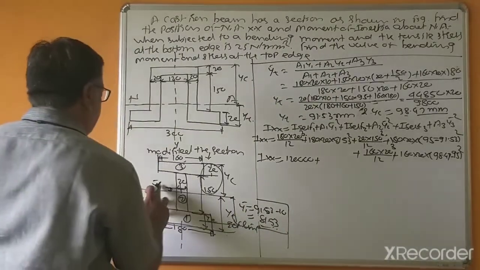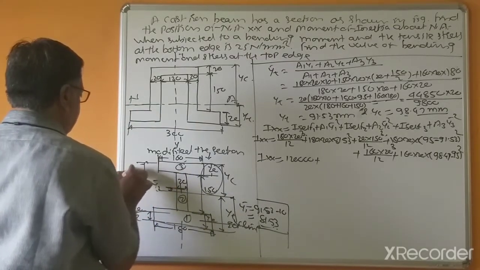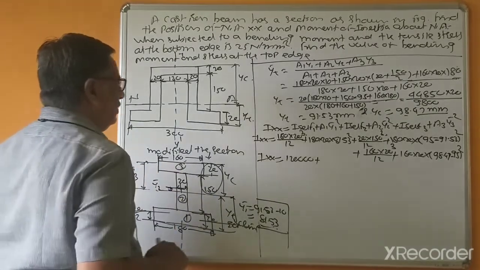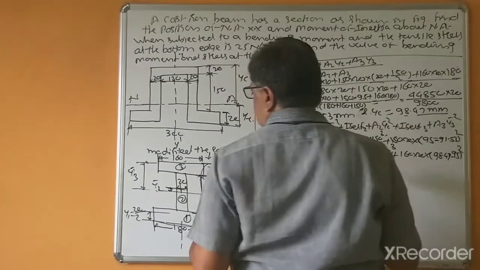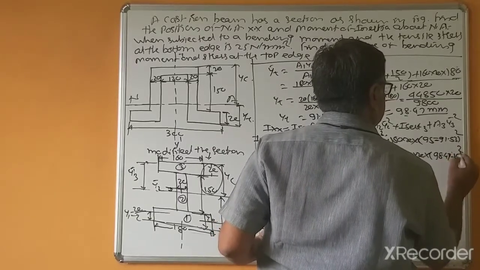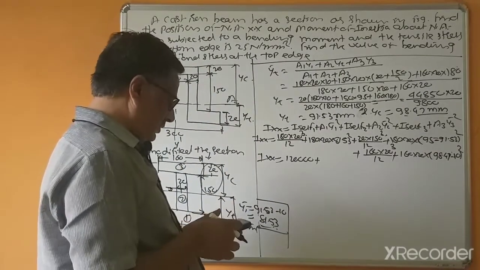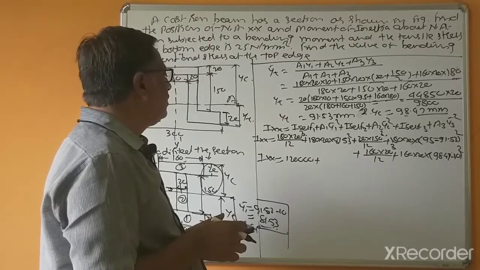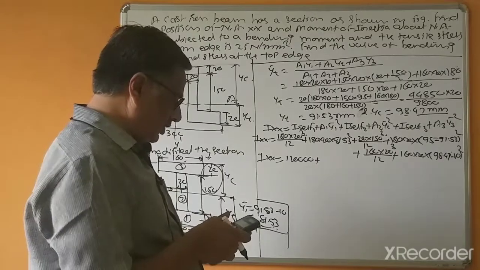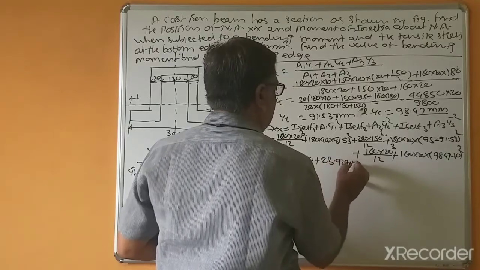So this is y2 bar, and y3 bar means this distance: y3 equal to YC, 98.47, minus 10. I made a mistake there. So 81.53 square, and the total is 23,929 into 10 to the power 6.